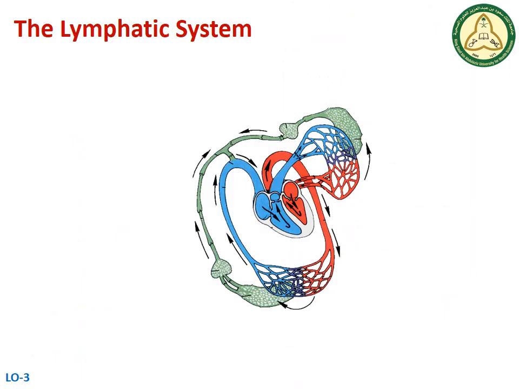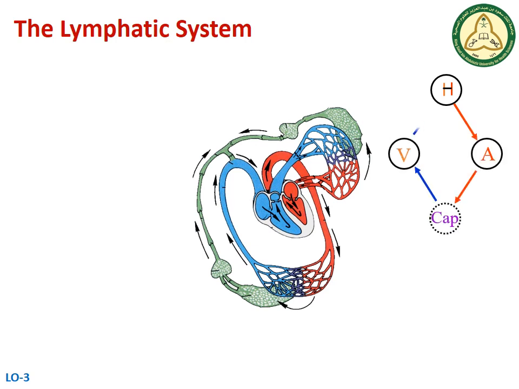Coming to the next slide. In the next slide they are just showing you how things work. Arteries, these are the capillaries, veins, and to the heart. So here this is the heart, and there is the arterial systemic circulation with the capillaries, and this is the vein, and then this is the pulmonary circulation, and this is the pulmonary vein coming back to the left atrium.